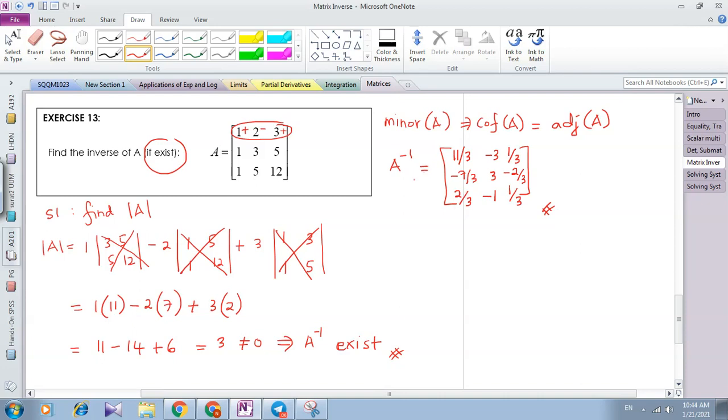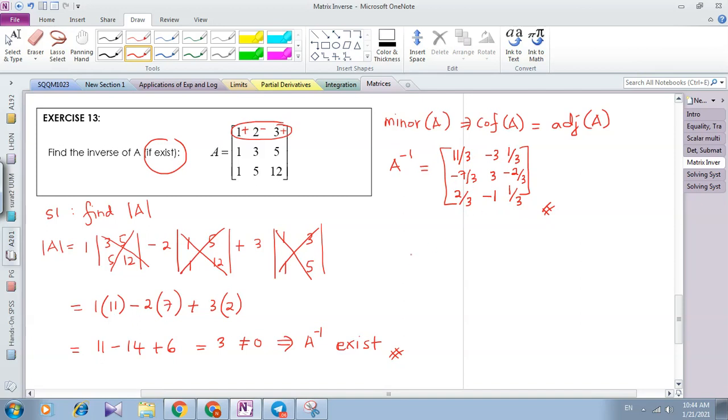I really hope that you will work on this question until you are done with A inverse. And then there's actually a way for you to check whether this is the correct answer or not.